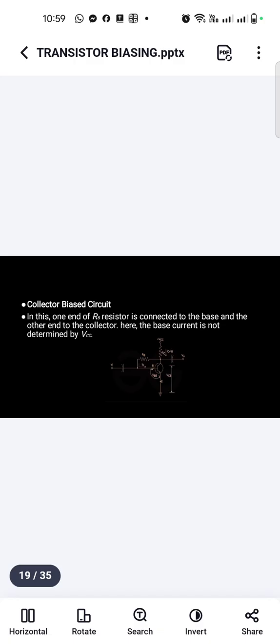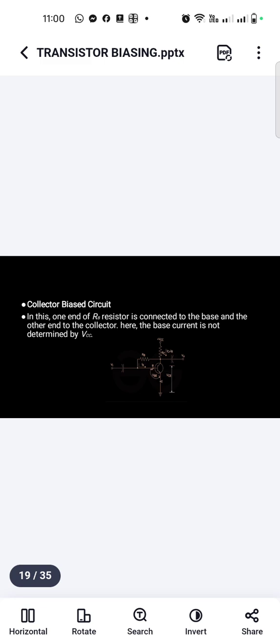What are the currents flowing through the RC resistor? IC plus IB. Then the remaining comes over the base side, IB into RB plus VB. So VCC equals this, and from this equation we need the IB value, no?